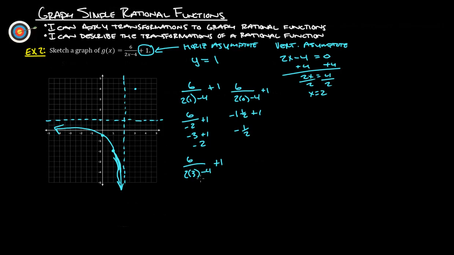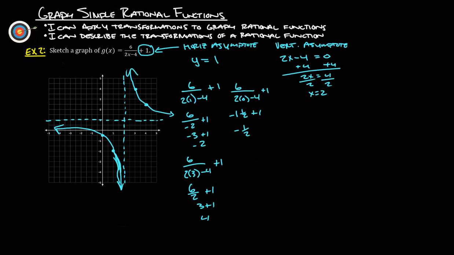So that's 6 over 6 minus 4. 6 minus 4 is 2. So 6 over 2 plus 1, that's 3 plus 1, which is 4. And look, there it is, right there at 4. So this one here, we went over 2 that way. So we're going to go over 2 this way and down 1.5. So we go over 2 this way and up 1.5. So this graph on this part here is going to look something kind of like this.